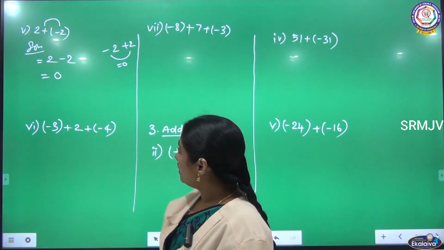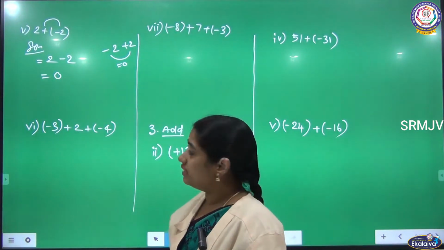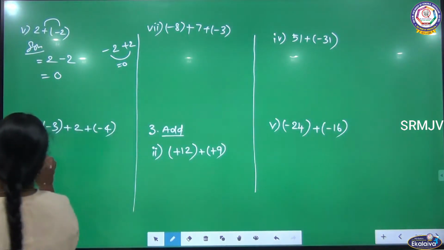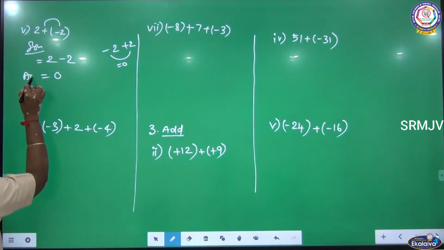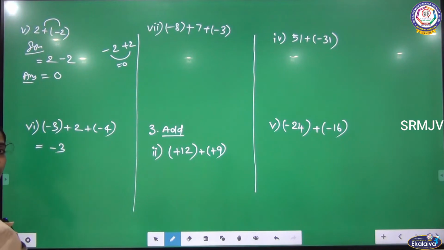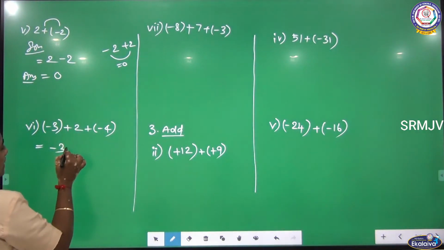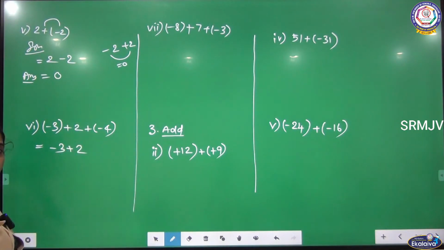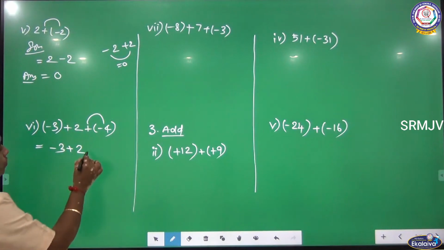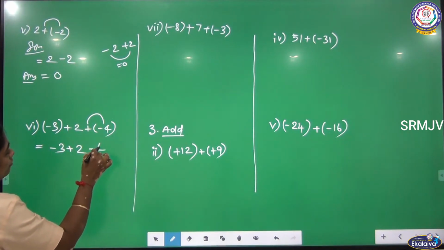Now when I am moving to the sixth sum, listen children, minus 3. Write as it is, remove the bracket and write as it is, minus 3 plus 2. Next plus into minus, which is minus, write the number 4.